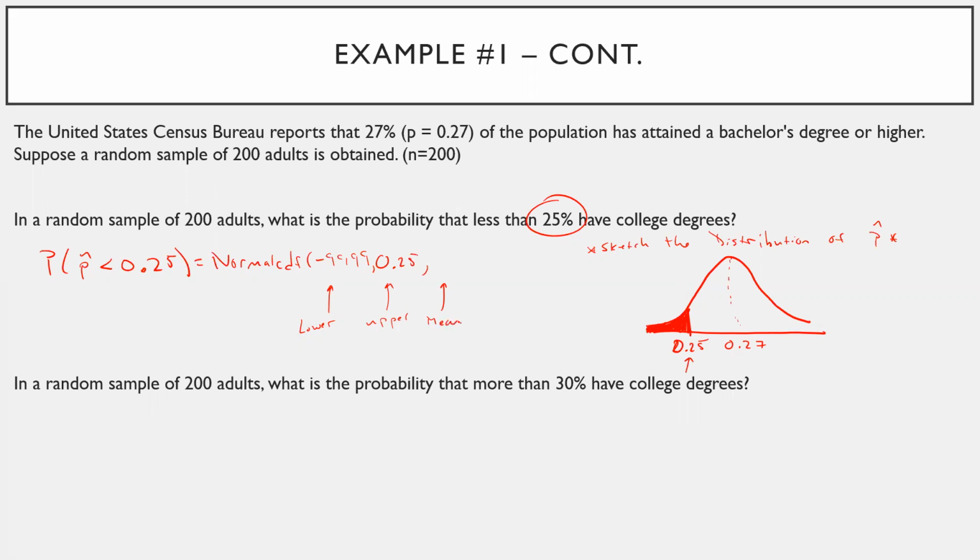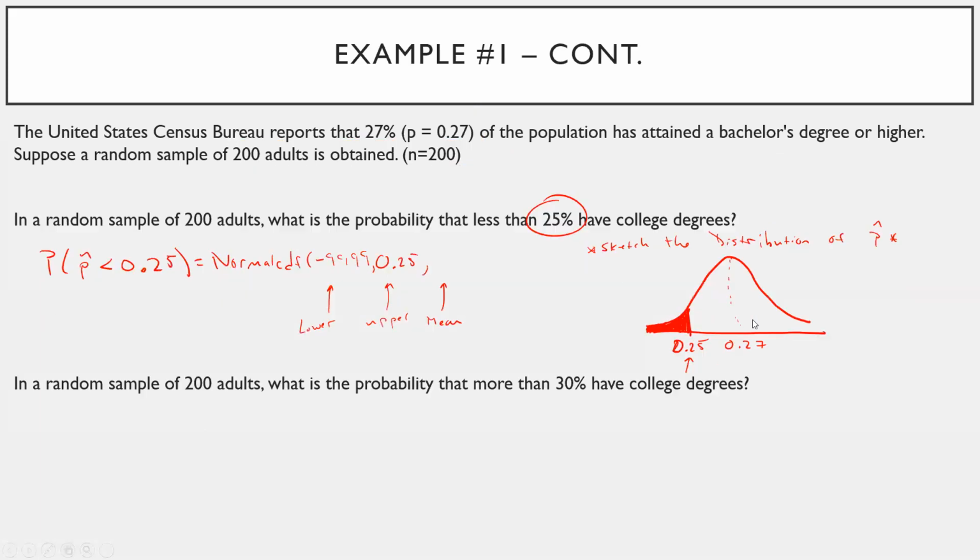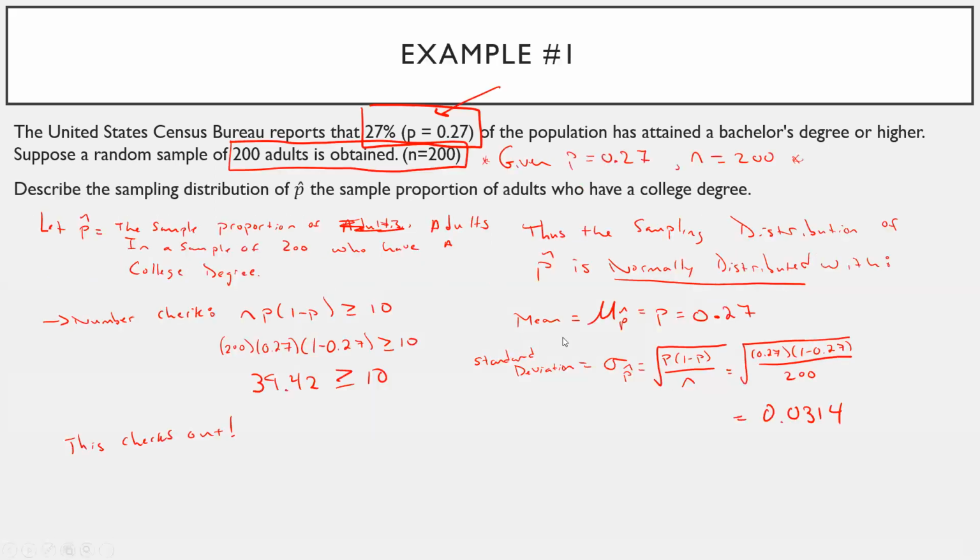Is it the mean? Yeah. And that's why we have the mean right here. It's 0.27. And then next is the standard deviation, which is why we found it right here, 0.0314.